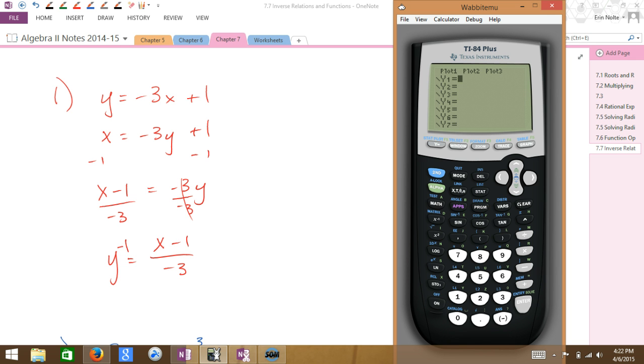So for question number 1, let's say we're graphing negative 3x plus 1. And I'm going to graph on here its inverse and see if you can see a relationship between them. On this one I have x minus 1, so I have to type the top in parentheses because it is a quantity, divided by negative 3. Make sure you use the negative button, not the minus. That is a different button.